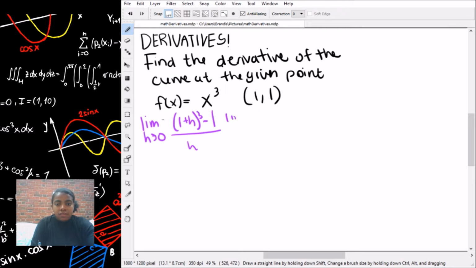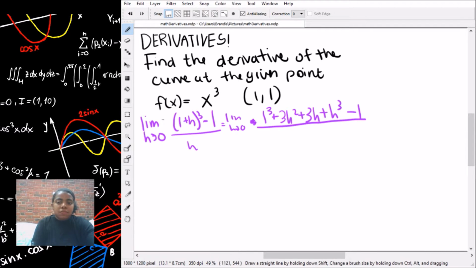All right, so this is the limit as h goes to 0 of 1 cubed plus 3h squared plus 3h plus h cubed. And that's just what I know from Pascal's triangle and factorials, all that stuff. You should probably remember that. That's a thing.